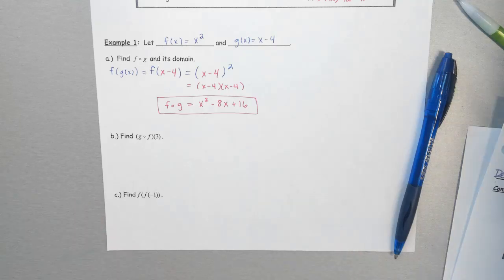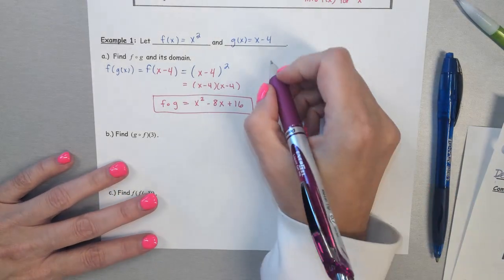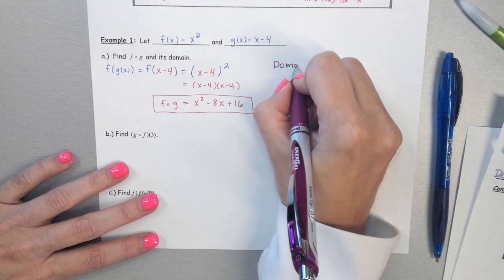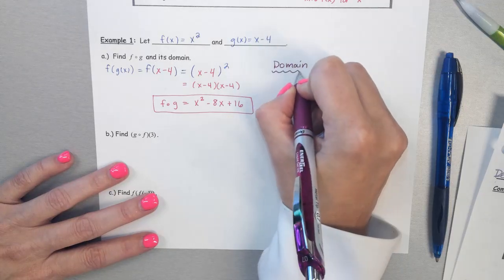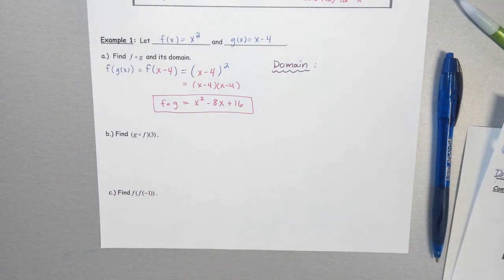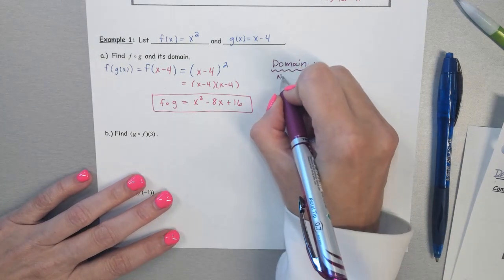Earlier I asked you to think about the domain, and when we're trying to find the domain, what are we looking for in the expression? Where are some places where the domain is going to be restricted? Yeah, exactly. So you want to look for fractions.